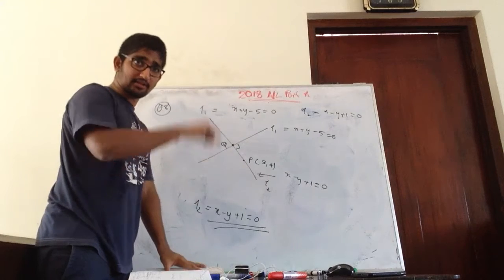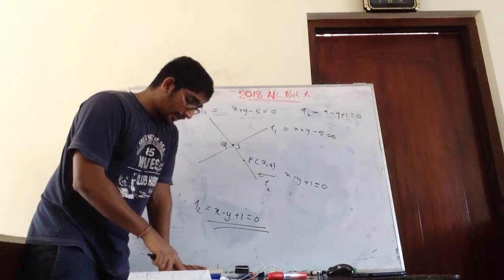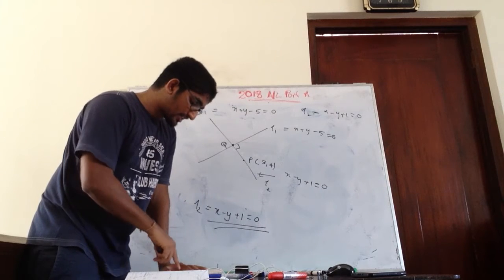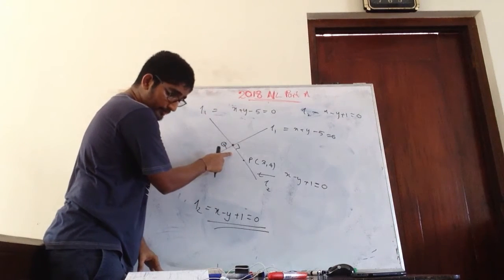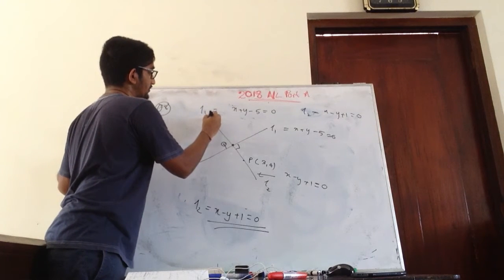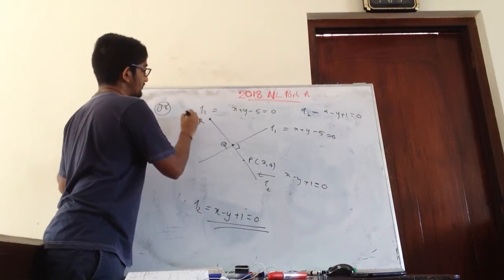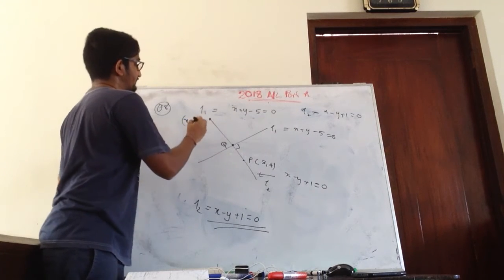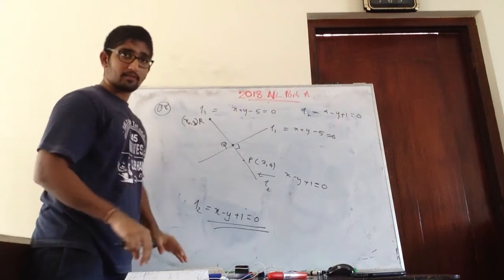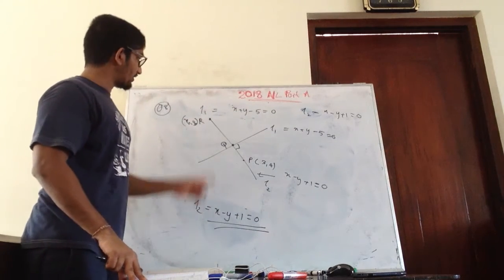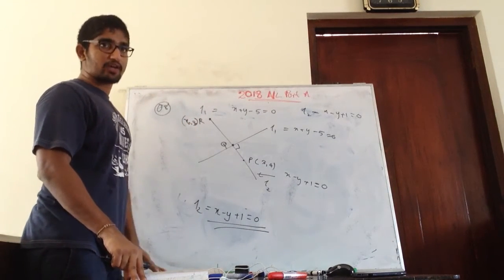So that is given in the first part of the sum. Just put this as R, x0 y0. Then they are saying find the coordinates of R. So we need x0 y0.